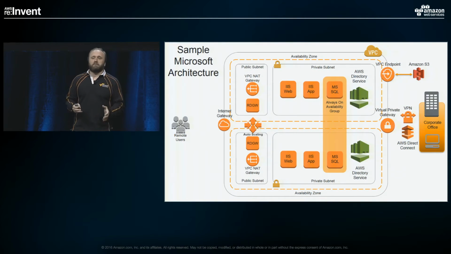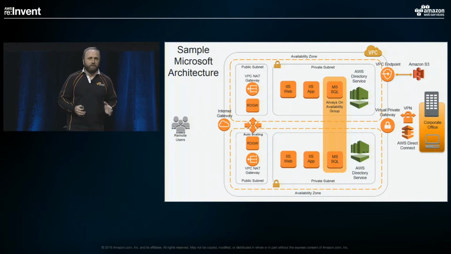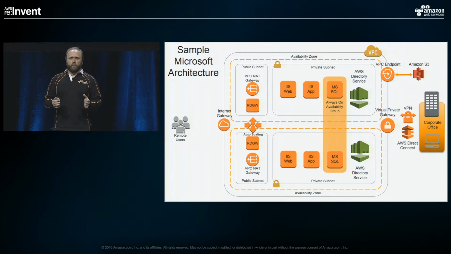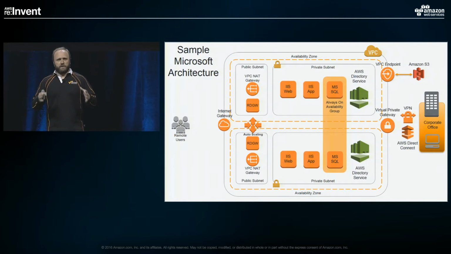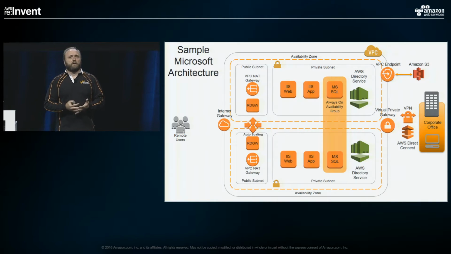So this is the common type of architecture you're going to find when it comes to initial first deployments of Microsoft workloads in AWS. If a customer, let's say, is just deploying a single workload, trying to kick the tires or use a test environment or QA.